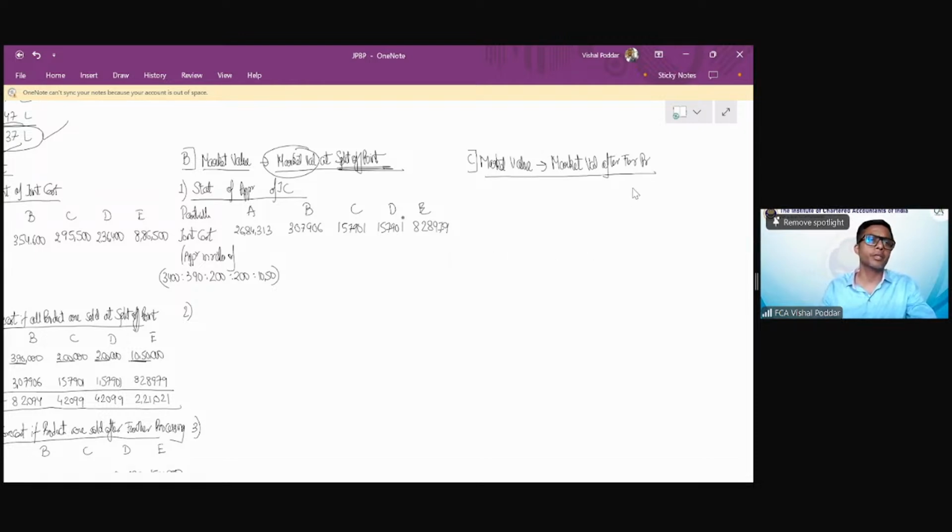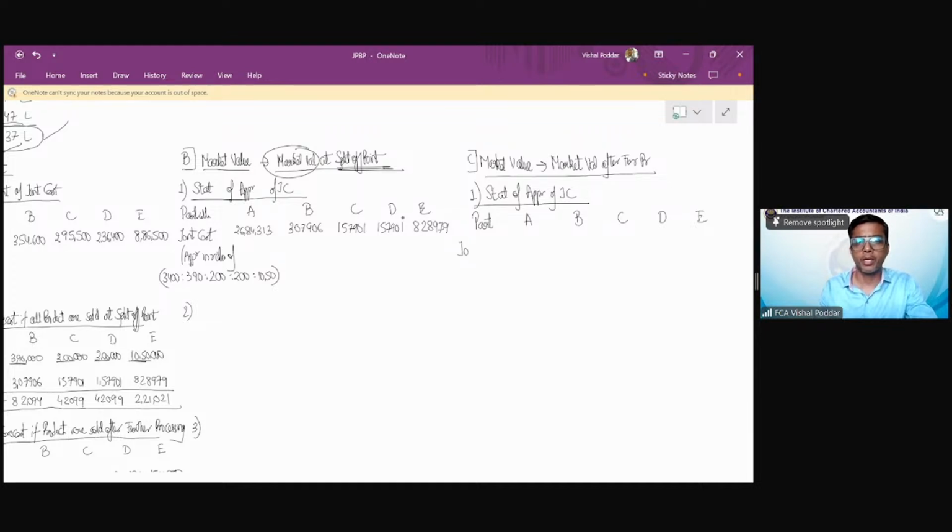So our next method is, now you'll be apportioning joint cost taking market values, but this time the market value, that is the sale value, will be the sale value after further processing.